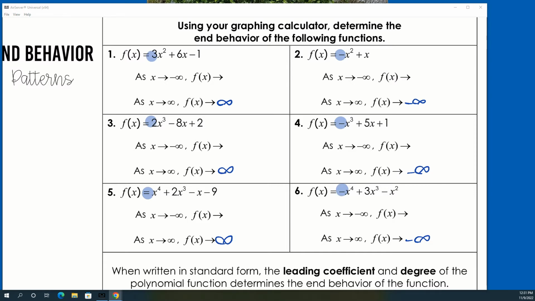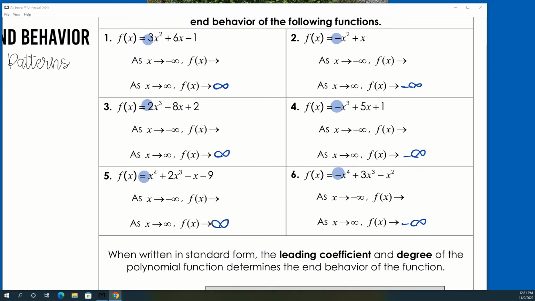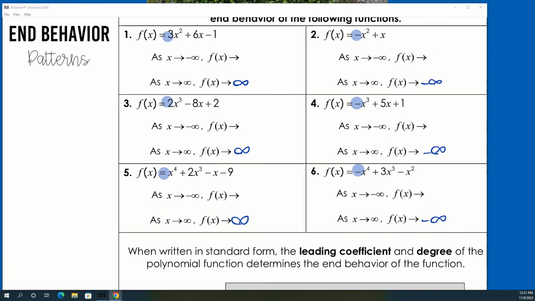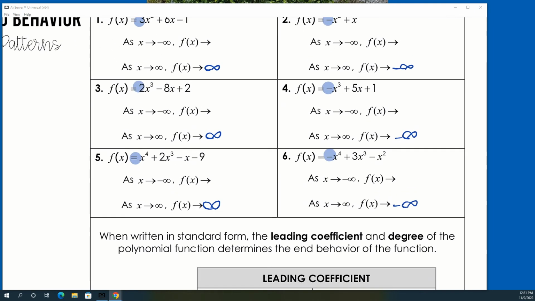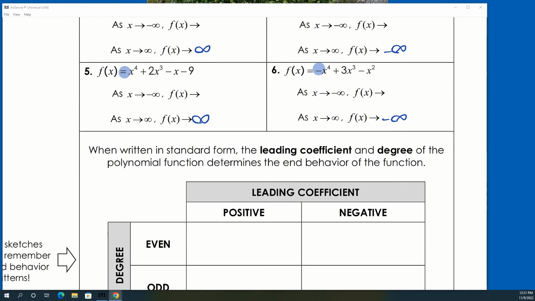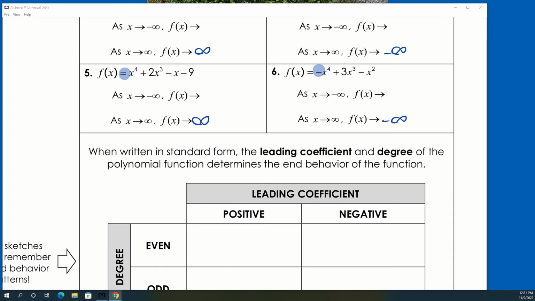It's negative infinity, right? And if it's positive, right? So in this table, that number, the very first number that you see in the function, is called the leading coefficient, and it tells you what happens on the right side.